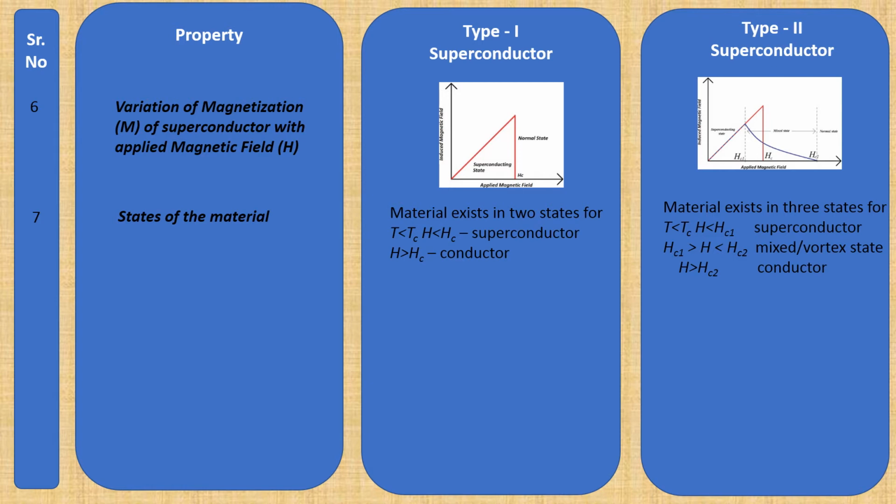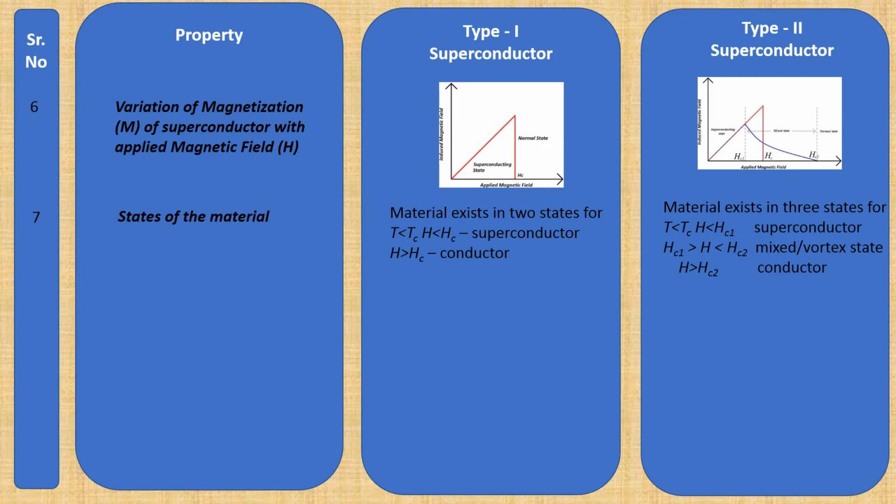First is temperature less than critical temperature and magnetic field less than the lower critical field. At that time this type 2 superconductor acts as a perfect superconductor, or we can say superconducting state.